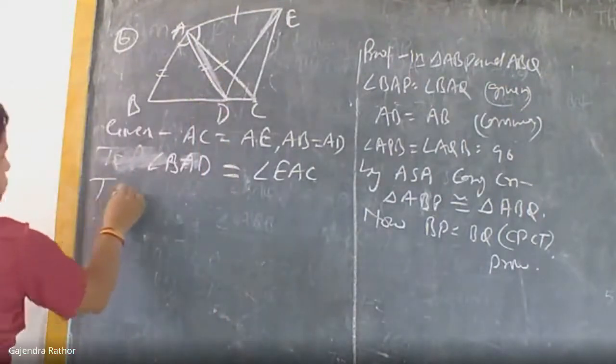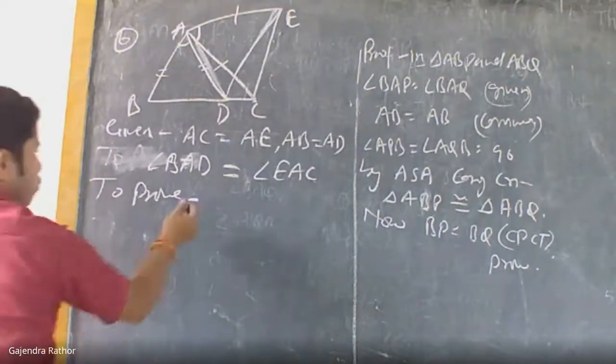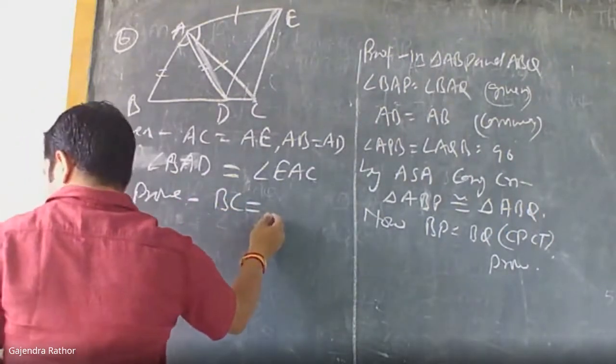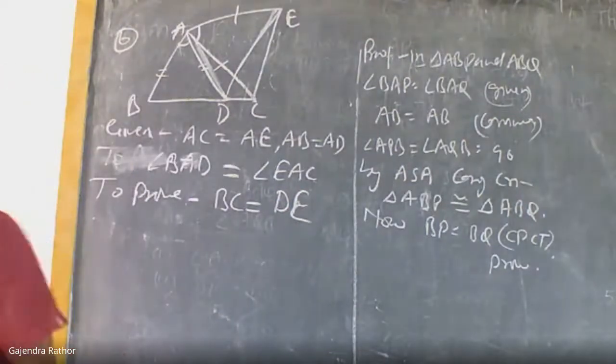Now to prove, BC is equal to DE. This point we need to prove.